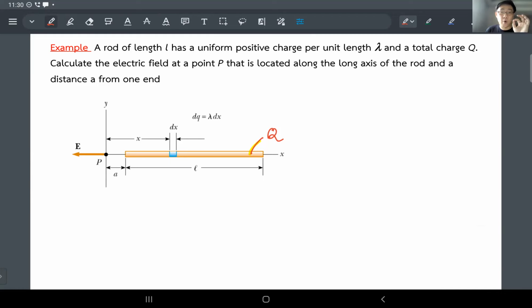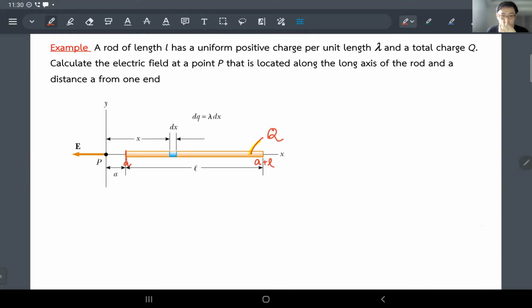So once point P is at the origin, the left end of the rod will be at distance x equal to A. Does that make sense? And of course, the right end of this rod will show up at A plus L. No problem.